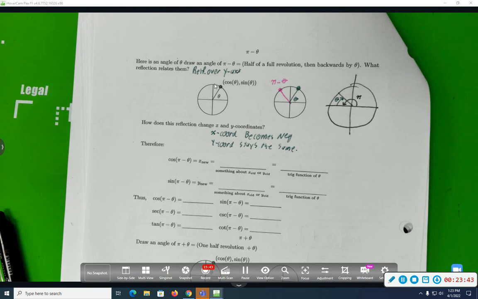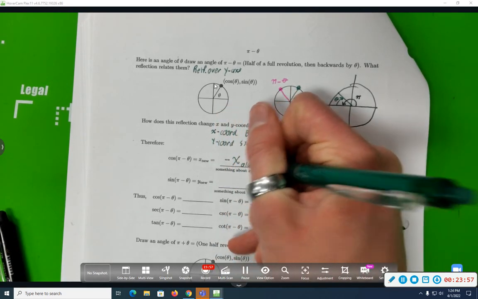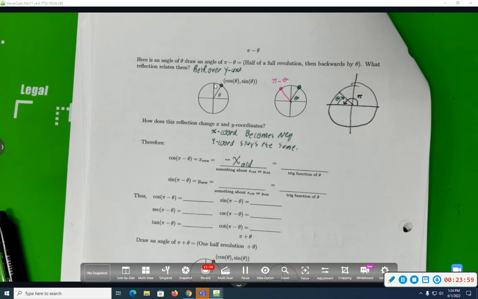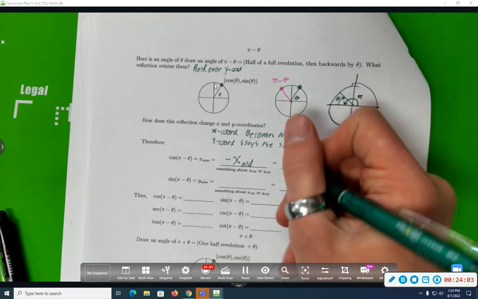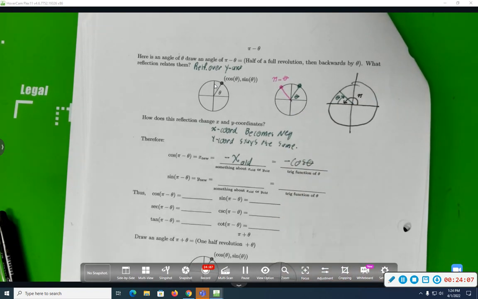What is that x-coordinate in terms of the original x-coordinate? It's negative what it used to be. And what is the trig function that gives you the old x-coordinate? All right, now let's do sine.